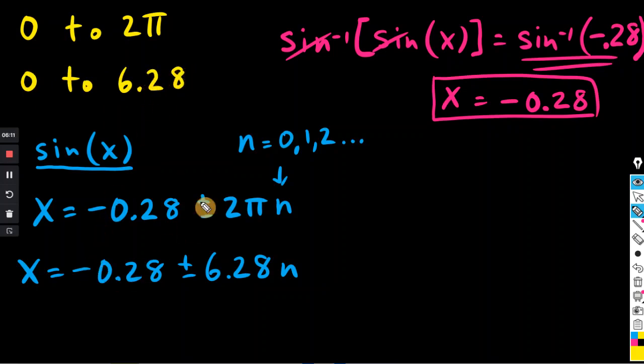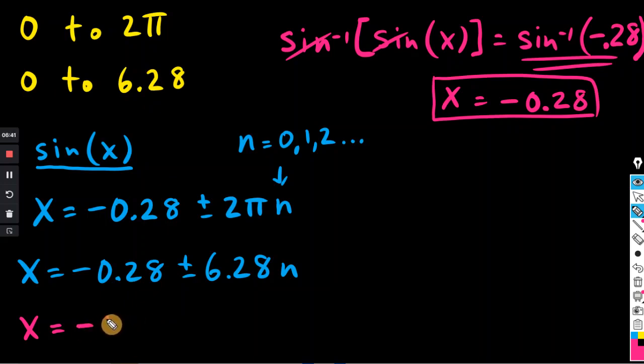All right. So we want to get values of x that are in this range. All right, let's see. So for the first one, negative 0.28, that's not in the range, but we can try adding or subtracting 6.28. Now, if we do negative 0.28 minus 6.28, it's just going to be a bigger negative, and that's out of the range.